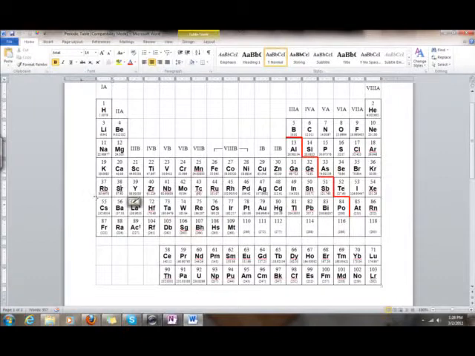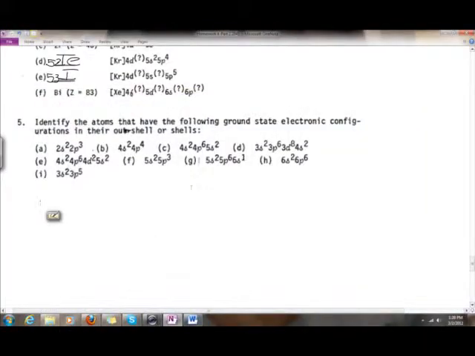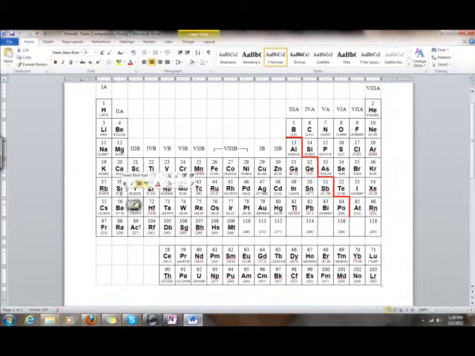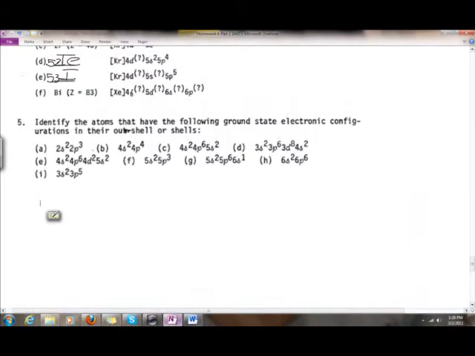That's krypton. You don't need to write the 3d because you should write it prior to the 4. And so we go to 5s2. Who has the electron configuration of 5s2? Strontium. Yeah, here it is, Sr.